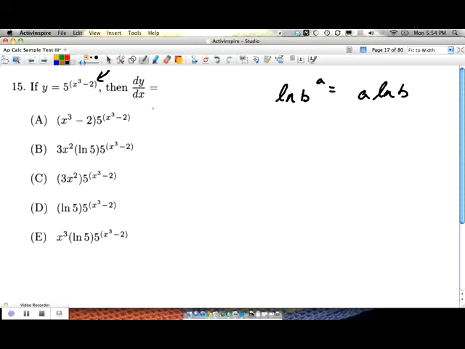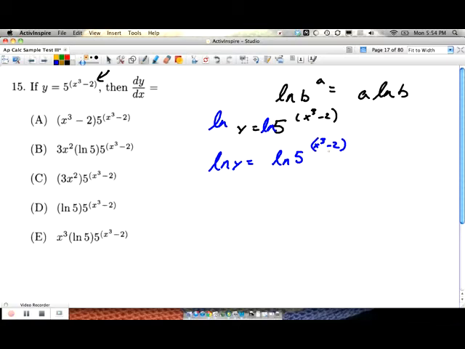We have y equals 5 to the x cubed minus 2. If I take the natural log of both sides, that means I'll have natural log of y equals natural log of 5 to the x cubed minus 2.